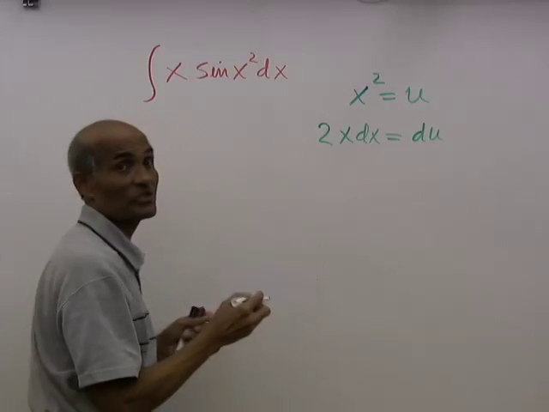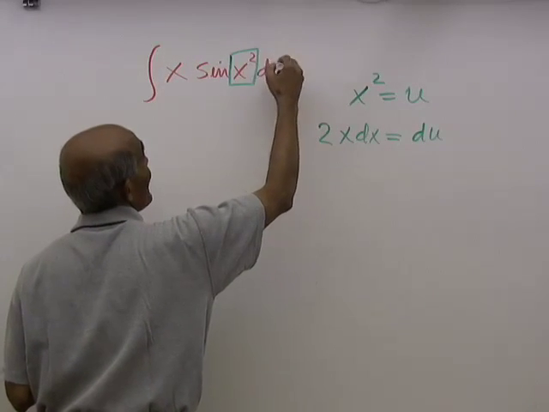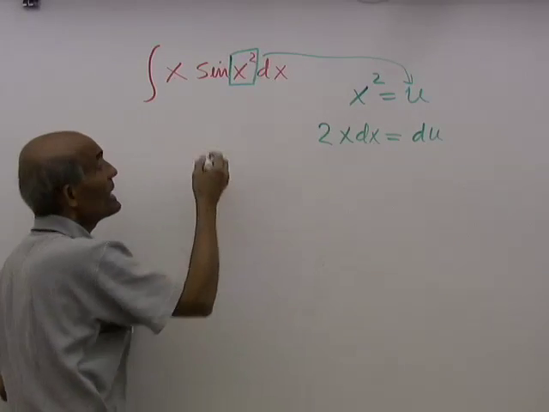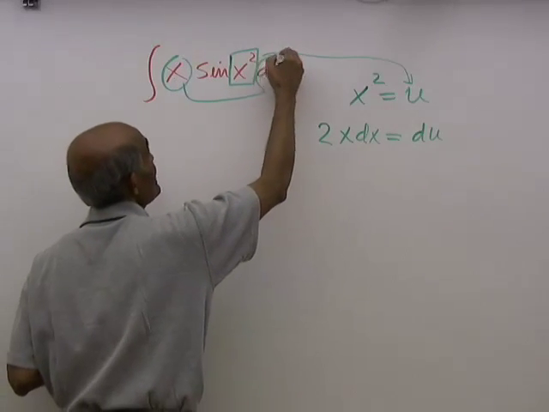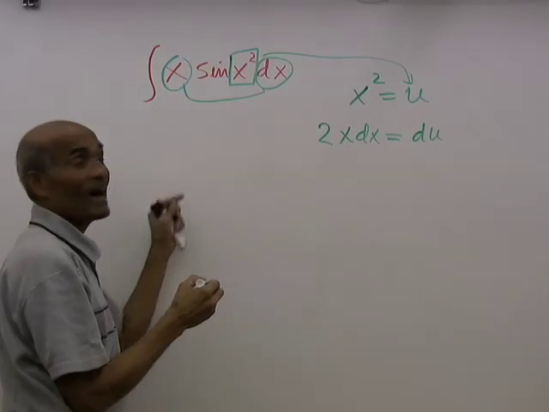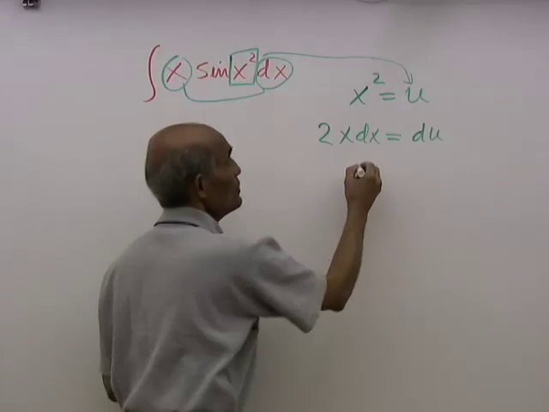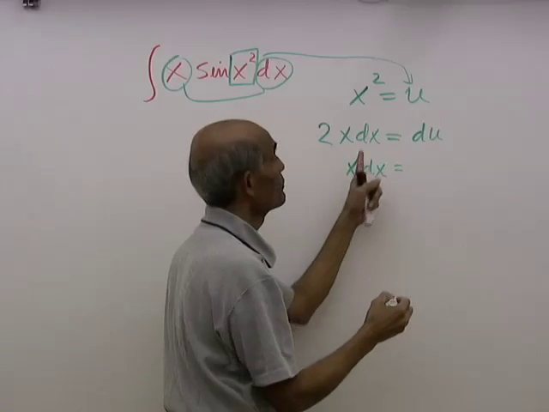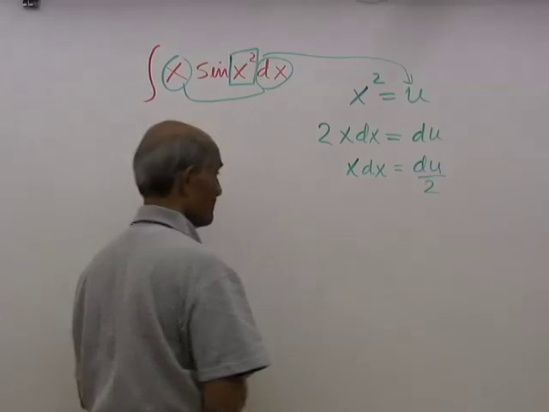Now what that tells you is that once the x squared has been replaced by u, the remaining thing we need to replace is this x times dx. That's right. That x times dx can be replaced from here. What is x dx equal to? X dx is du divided by 2.